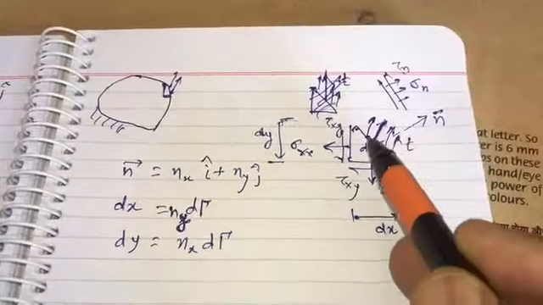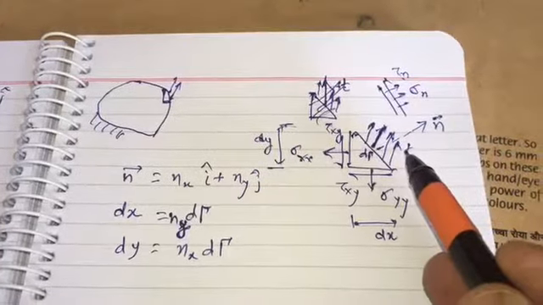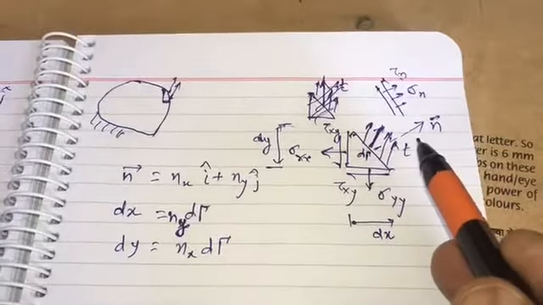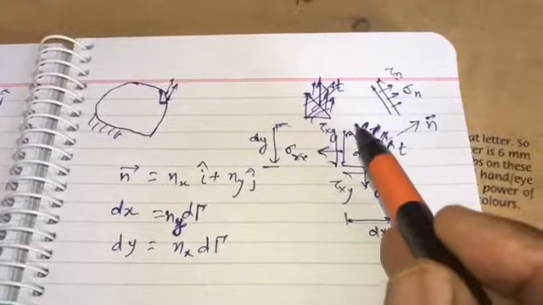Why? We know that if this is vertical, then nx will be 1 and ny equal to 0, and d gamma becomes dy.